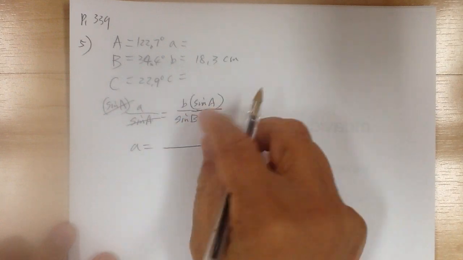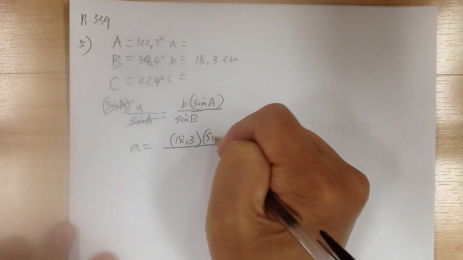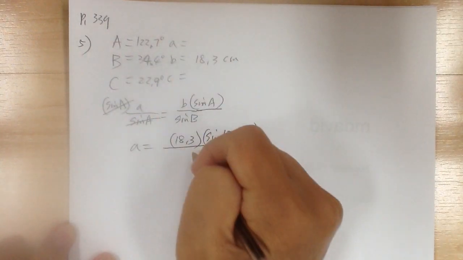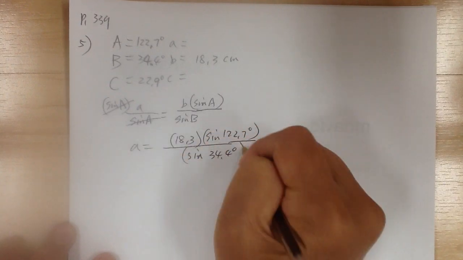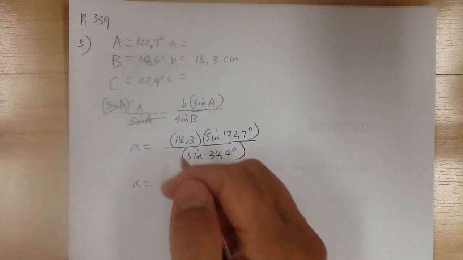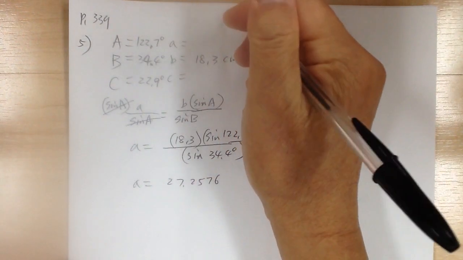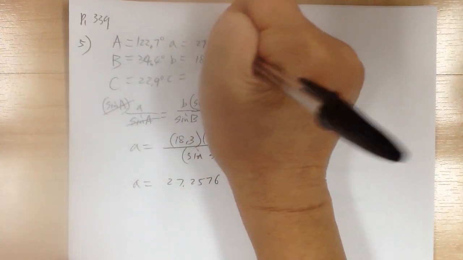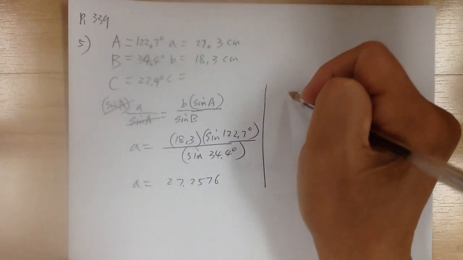So A will equal, B is 18.3, and you get sine of 122.7 degrees, over sine of 34.4 degrees. Okay, so enter all that in your calculator, you get 27.2576. So when you come over here, you need to round it off to 27.3 centimeters.